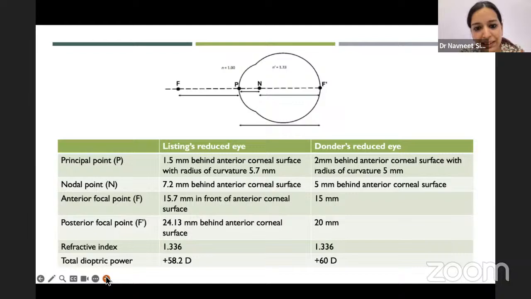Comparing both the models by Listing and Donders, the principal point, nodal point, anterior focal point, and posterior focal point were the four major points of concern to understand the optical system of the eye. In Listing's model, the principal point was situated 1.5 millimeter behind the anterior corneal surface, whereas Donders simplified the mathematical numbers. He just removed the decimal points and gave whole numbers for all of these. So both of them simplified the optical system of the eye.